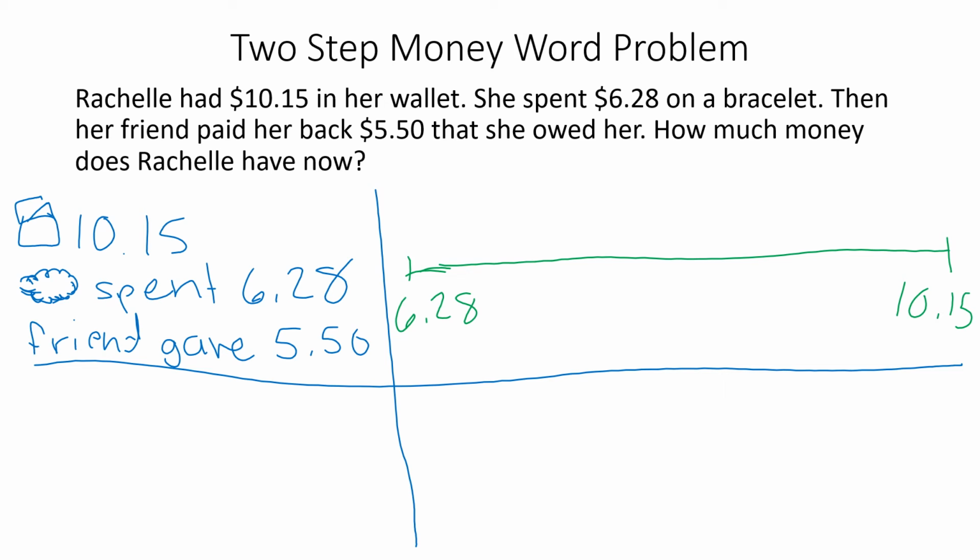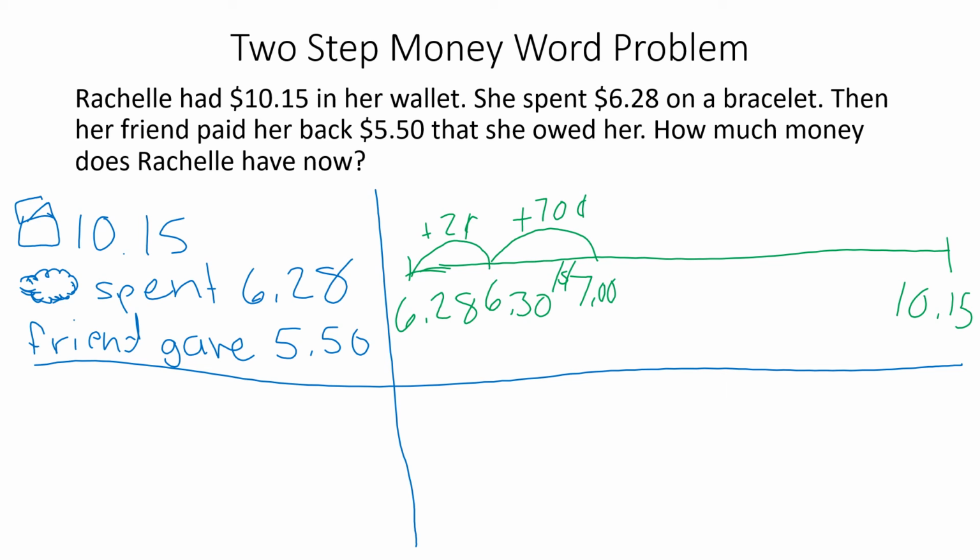So I know $6.28 plus 2 more cents would bring me to $6.30. Okay, $6.30. Well, I want to get up to $7, to the next whole dollar. So 30 cents plus 70 cents would equal $7.